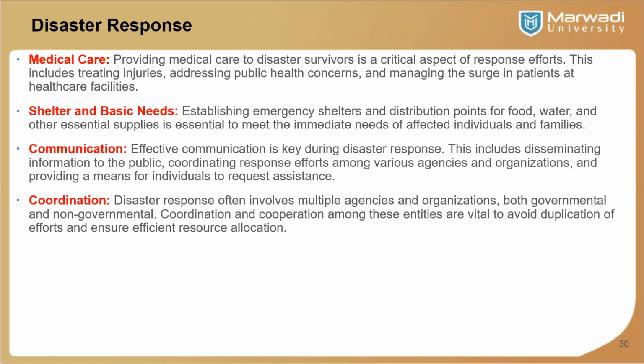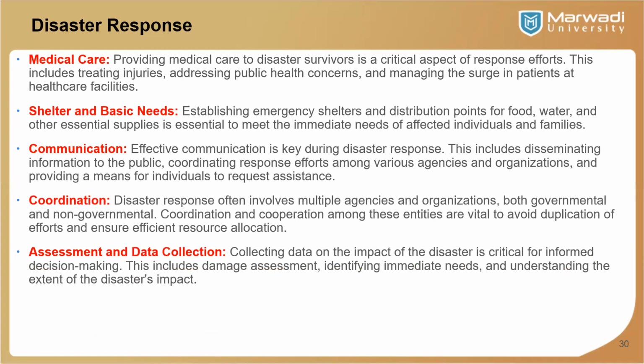Coordination. Disaster response often involves multiple agencies and organizations, both governmental and non-governmental. So coordination and cooperation among these entities are vital, and avoiding duplication of efforts and ensuring efficient resource allocation is also one of the major aspects.